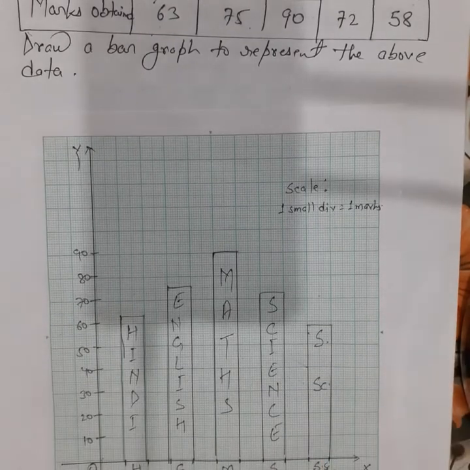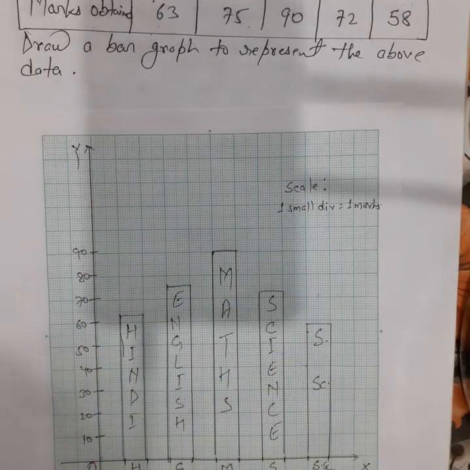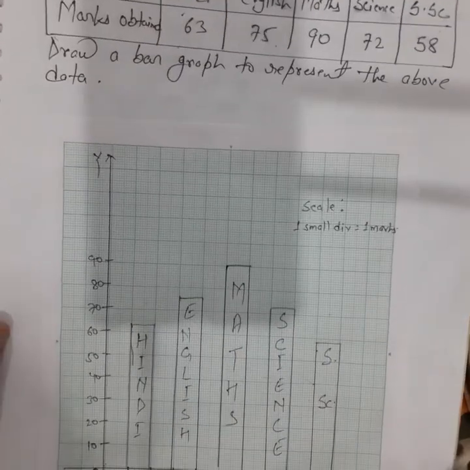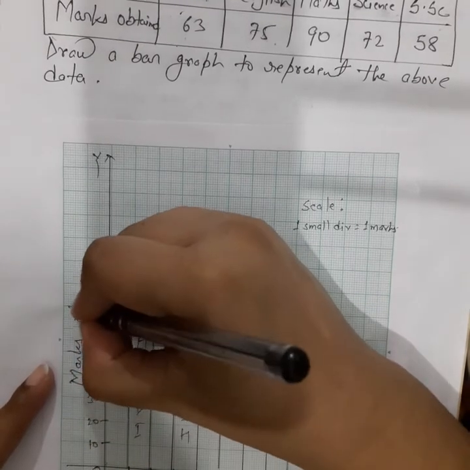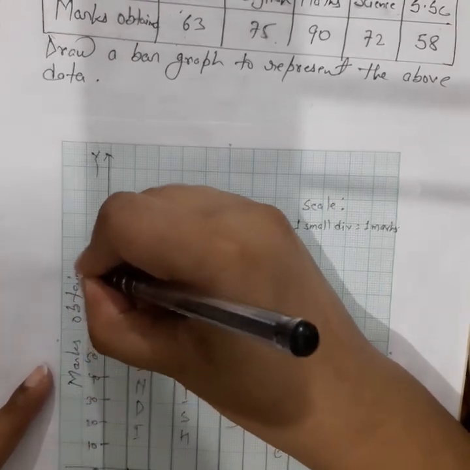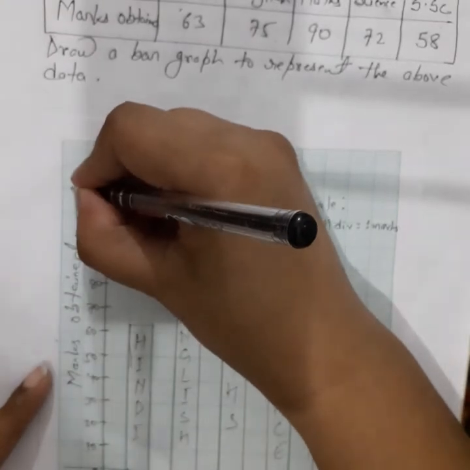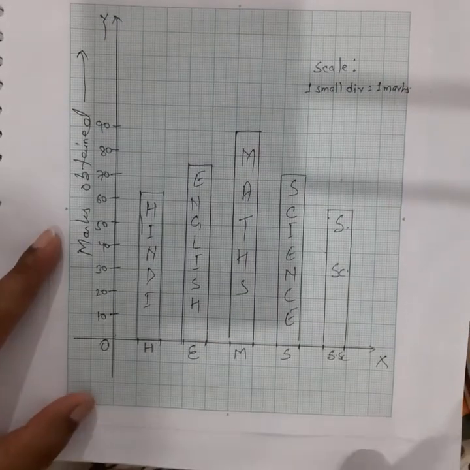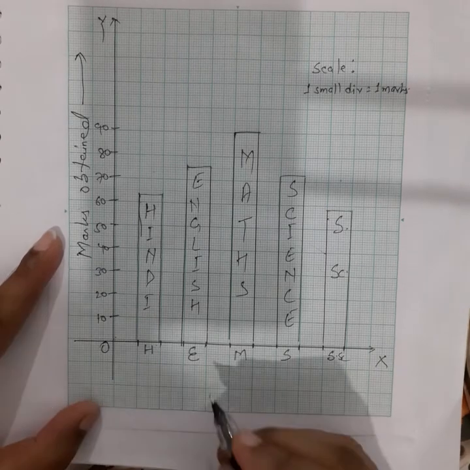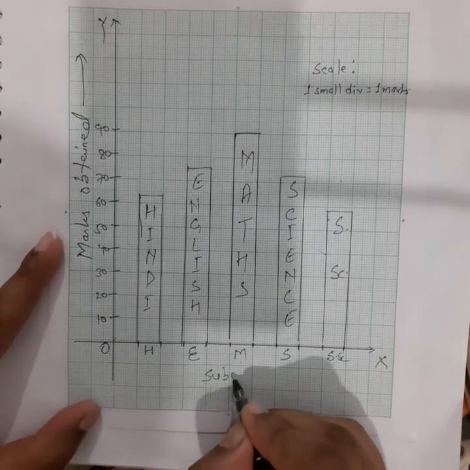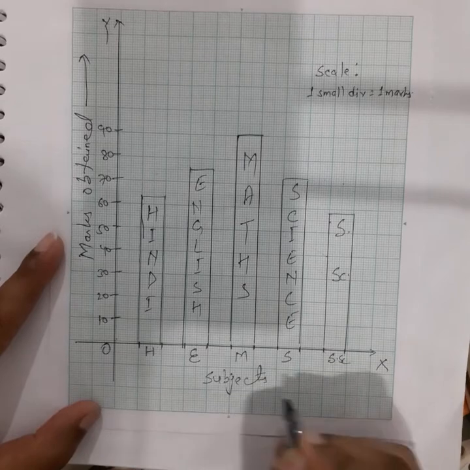Okay. Now what does the y-axis represent? The y-axis represents marks obtained, so here you have to put marks obtained, and the x-axis represents subjects. So here you have to write subjects.